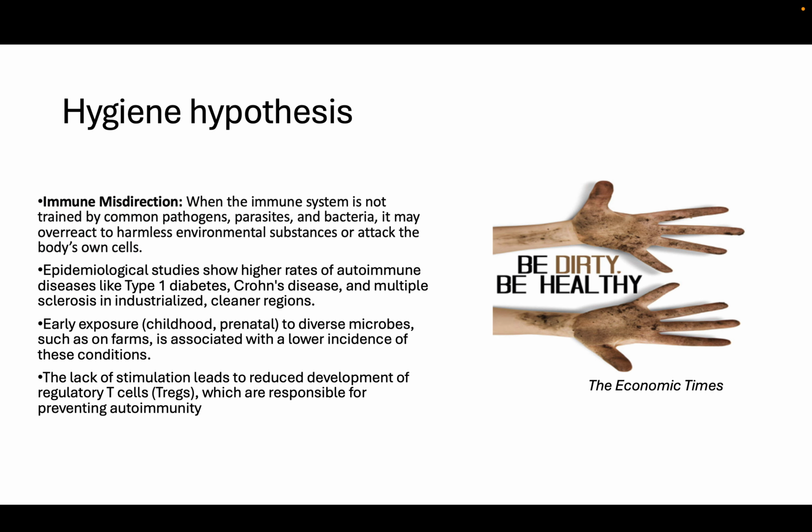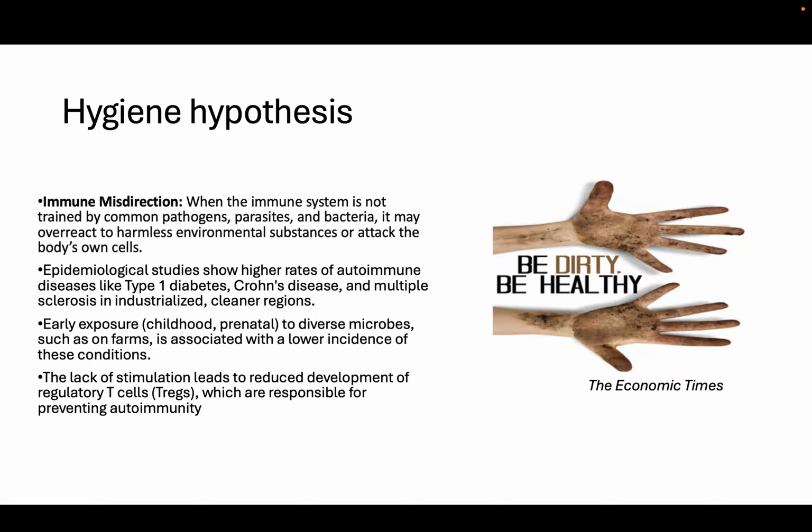We see this a lot. Epidemiological studies have shown that if you're in industrialized and much cleaner regions, you have much more chance of getting autoimmune diseases like type 1, Crohn's disease, and MS.